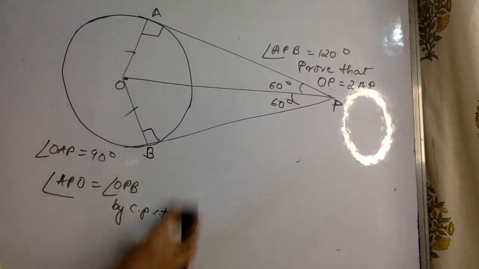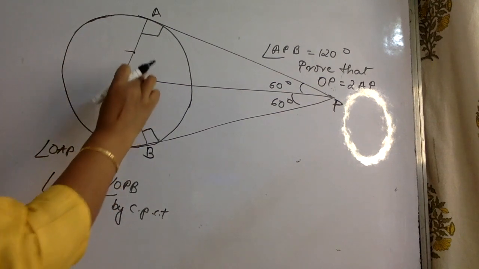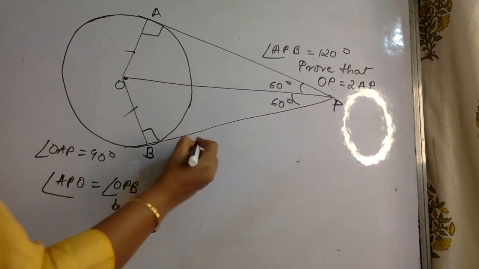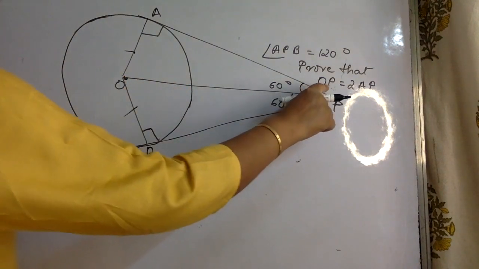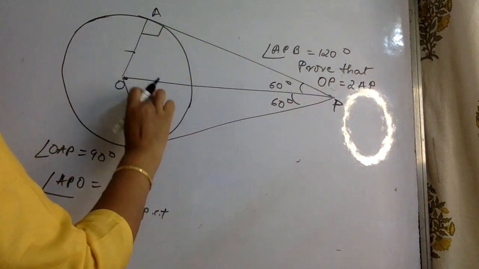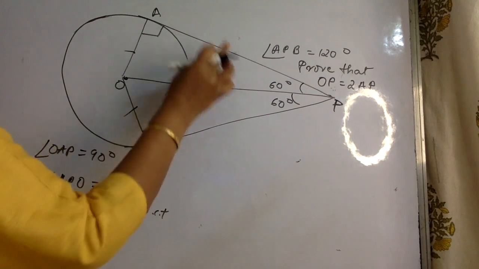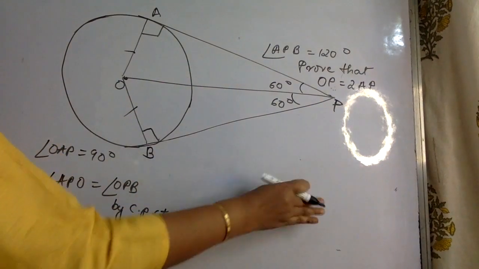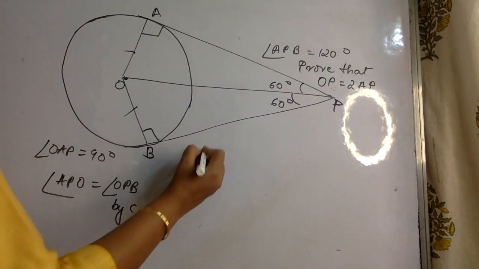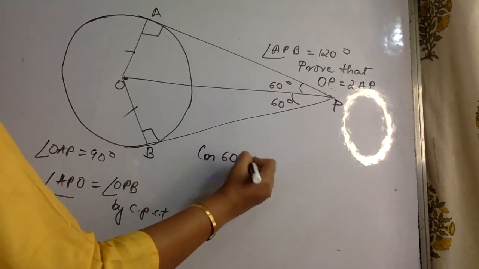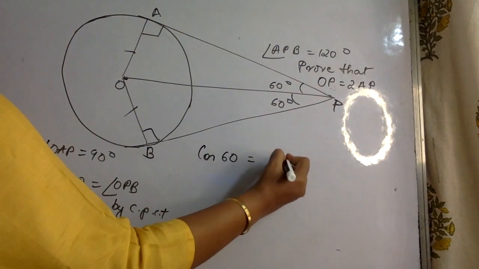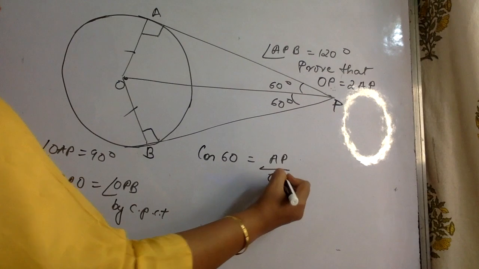So if we apply trigonometry, we are going to involve OP and AP. Any ratio which involves the hypotenuse and the base, we are going to take base or adjacent side, and that is cos 60 is AP by OP.